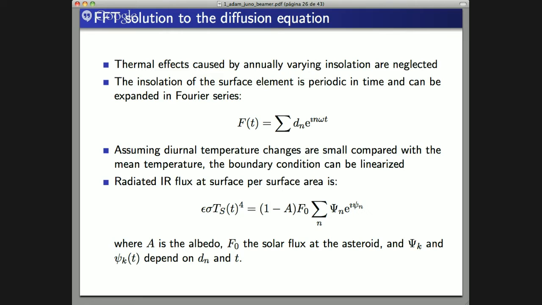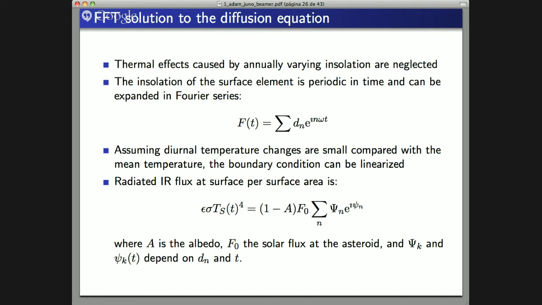So we can expand the insolation in Fourier series, and we of course have to assume that the mean temperature changes are small compared to the mean temperature, so that there are no large variations.